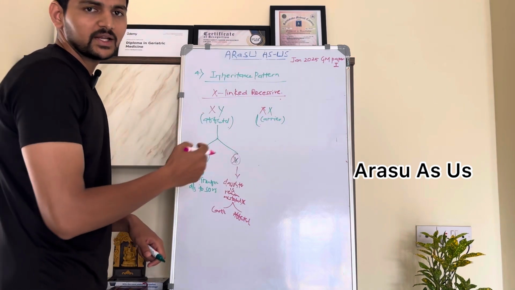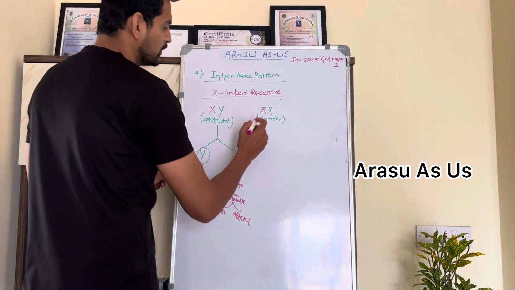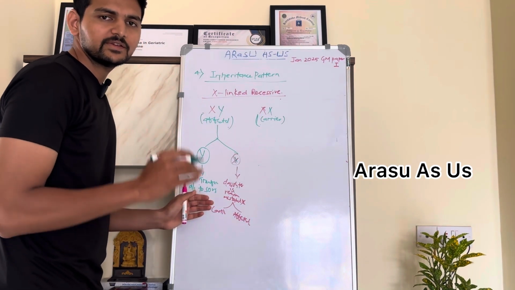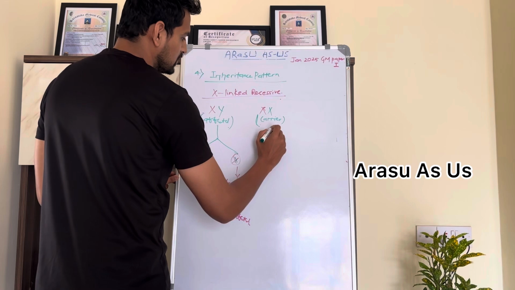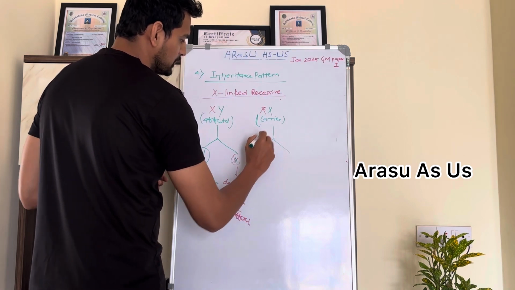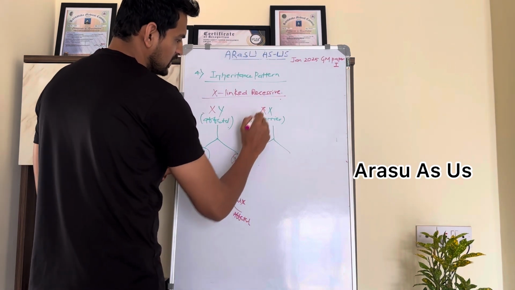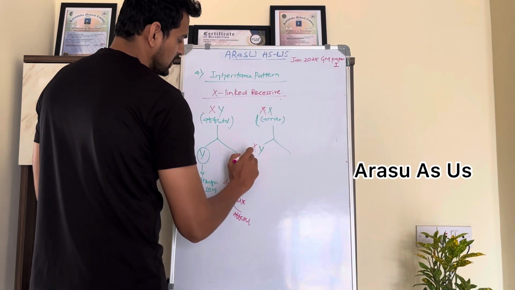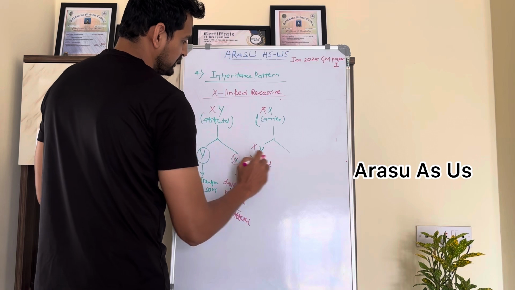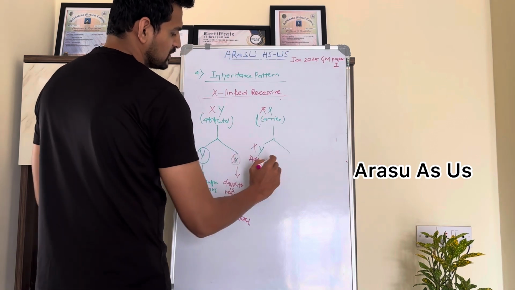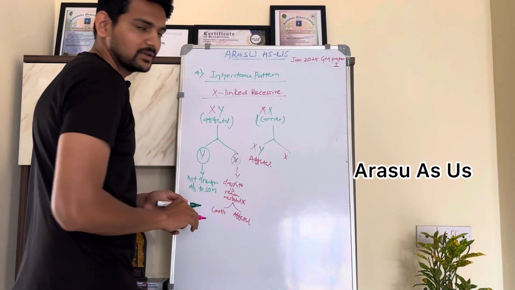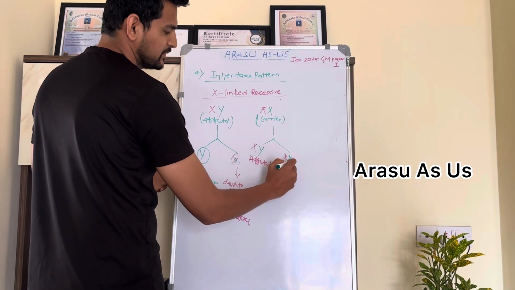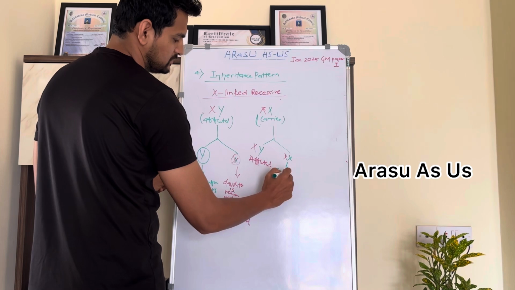Coming to the maternal transmission to the next generation, we know that mother will transfer the X chromosome to both sons as well as daughters. So if we see the penetrance, suppose she is transferring the affected X to the son, the son will definitely be affected. If the mother is transmitting the mutated X to the daughter, and if she is getting a normal X from the father, she will remain a carrier.